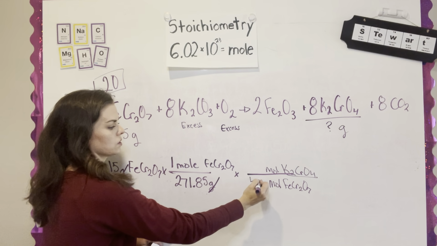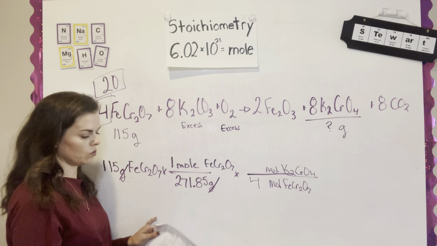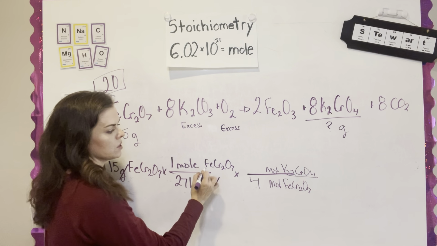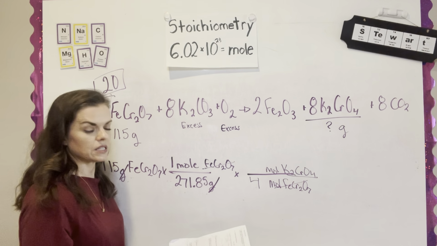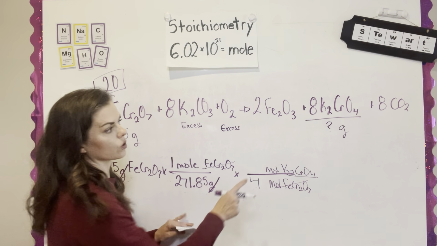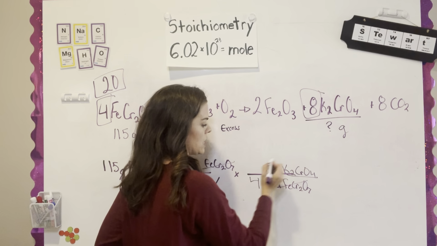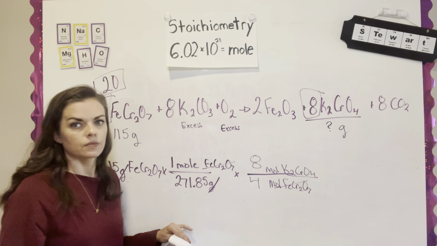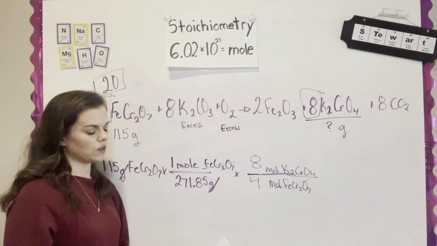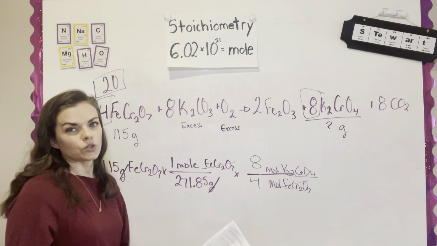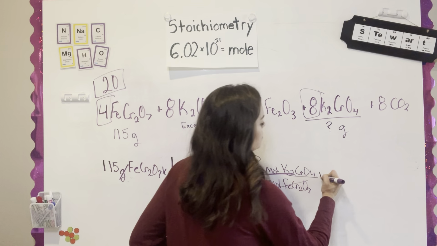I'm going to put it on top of this one. I put FeCr2O7 on the bottom so that they cancel out. And I'm going to this K2CrO4, and in front of it is an 8. So now I have my answer in moles of K2CrO4, which, I mean, it would be nice to stop there, but we're not.